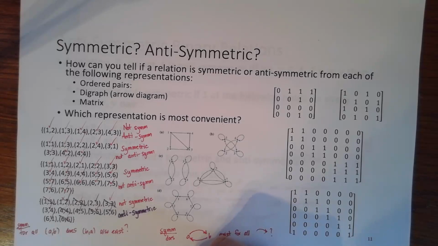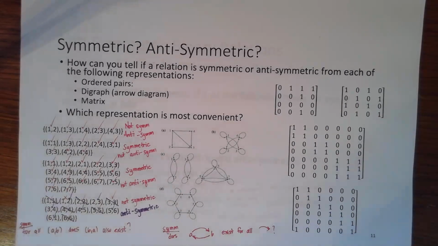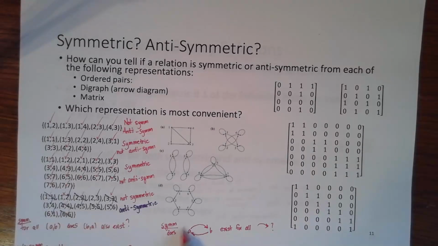All right, and then for the anti-symmetric, okay, I can have this A to B, or this B to A, or I can have nothing between them at all, but never that, right? So this is symmetric. I have this. Anti-symmetric is I have these.